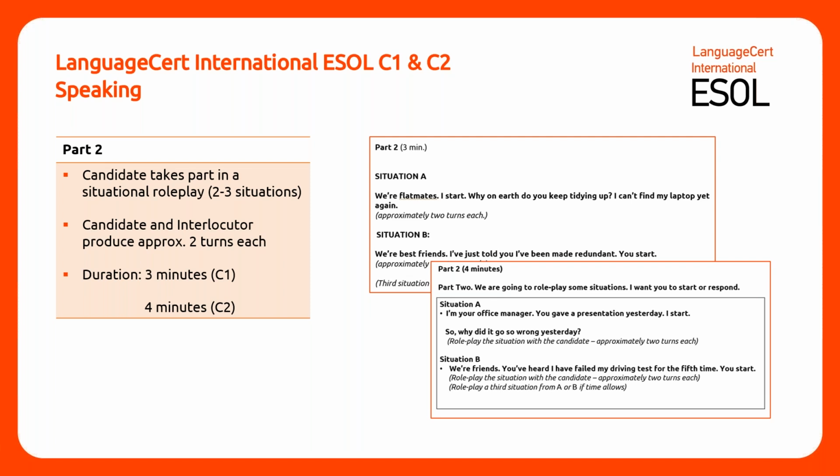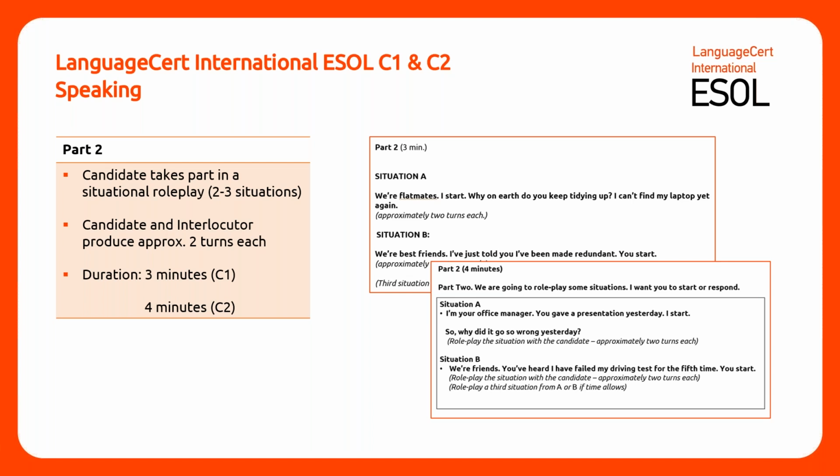Part 2 requires both C1 and C2 level candidates to take part in a situational role play. The aim of this task is for candidates to use functional language in a range of real-life, everyday situations.